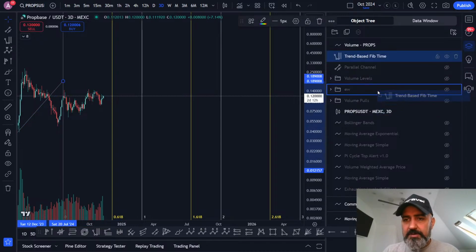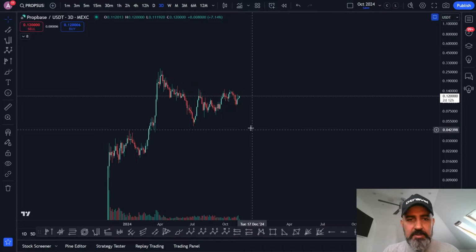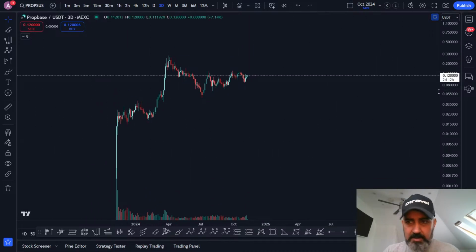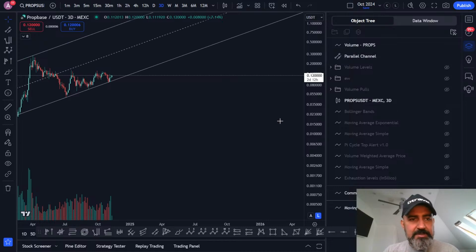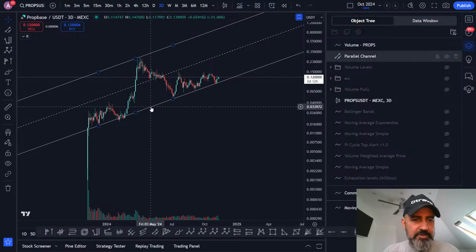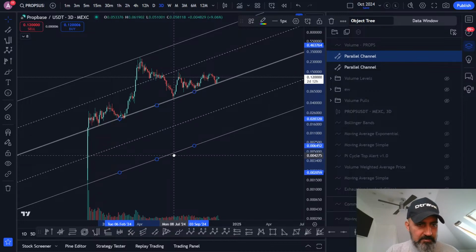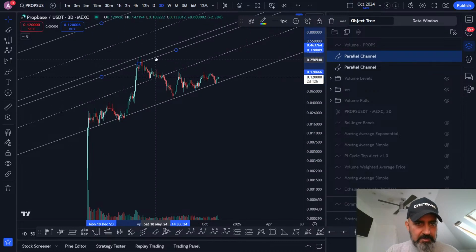So what I think I can do, just based on this fib, I'll do a couple of things. I've obviously got this channel in mind. And actually with this channel, let me just put this and see where it lands down.